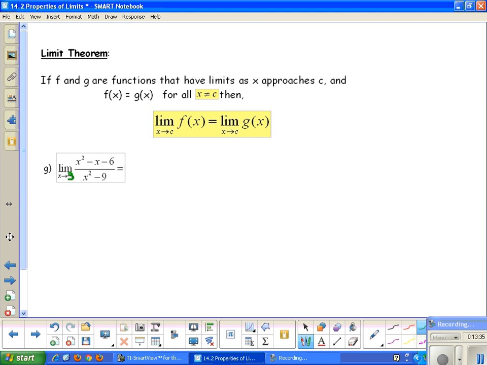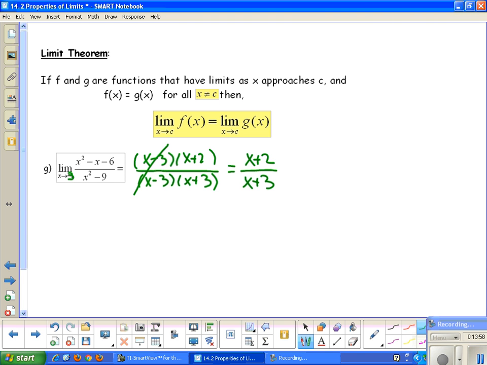If you look at the numerator versus the denominator, one technique is factoring. If I factor this equation, I get x minus 3 times x plus 2 over x minus 3 times x plus 3. So this is what we did when we simplified rational functions. So the x minus 3 and the x minus 3 cancel out to leave me with x plus 2 over x plus 3.